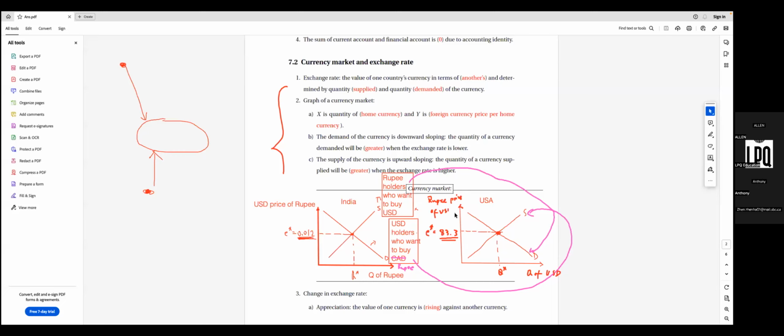By building these two graphs, the most important function is that we can determine the intersection of the supply curve and demand curve.